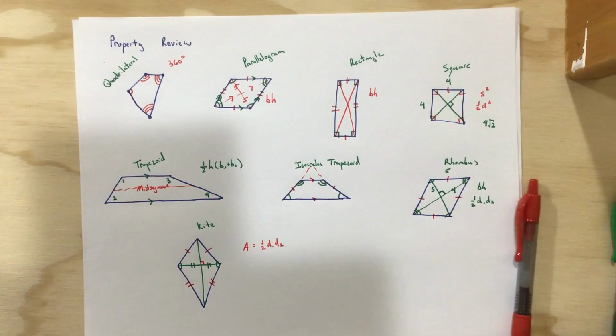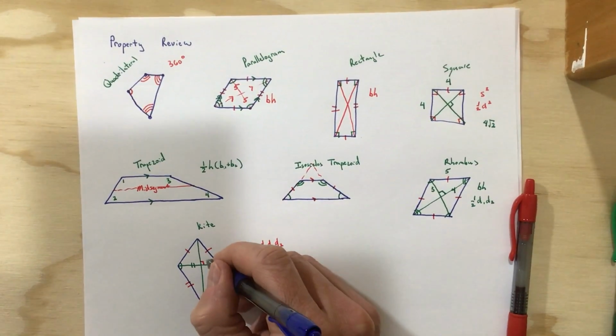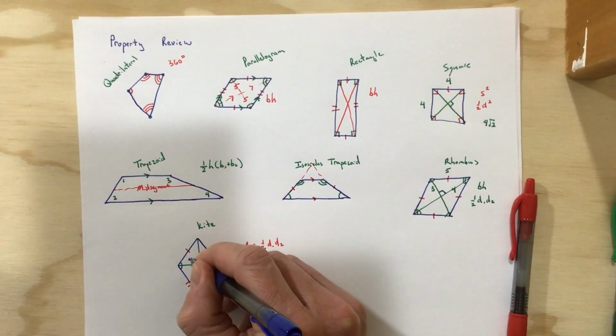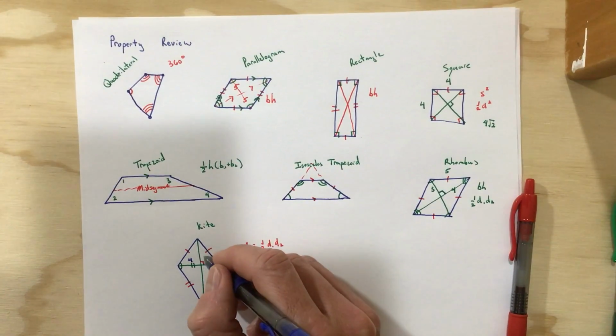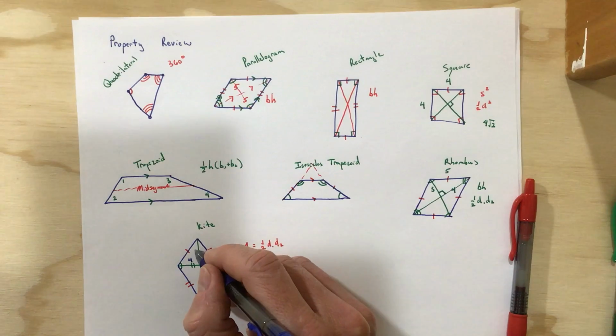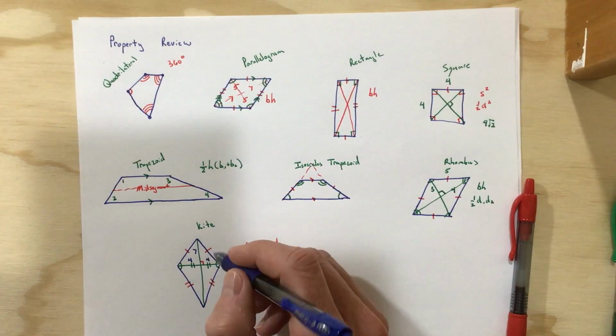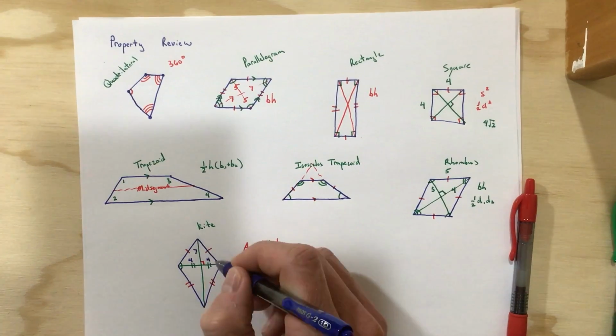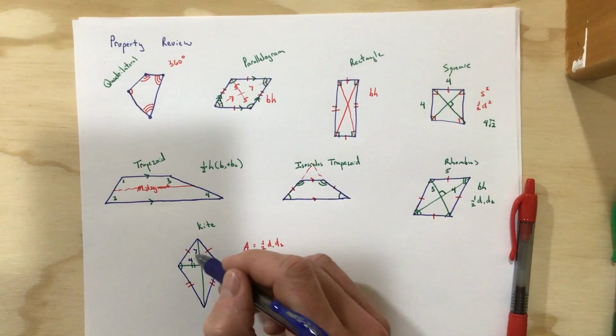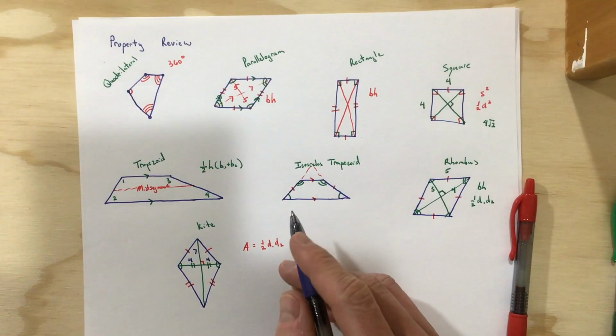And again, once you have a kite, then you have that same thing that if you know this is 4, you know this is 4, and you know this is 7, then you can use the 7 and the 4 to find this side length, because the Pythagorean theorem would say 4 squared plus 7 squared and things like that.